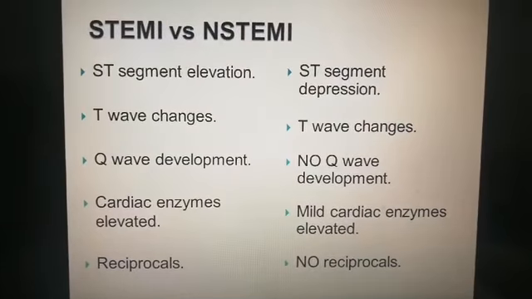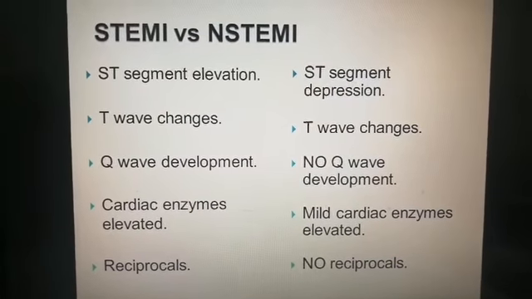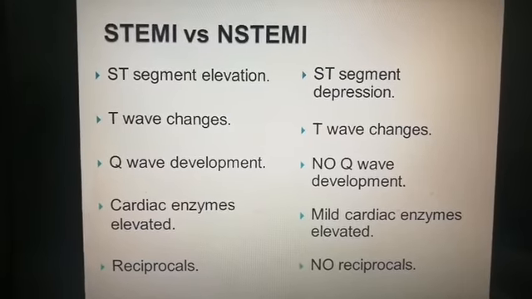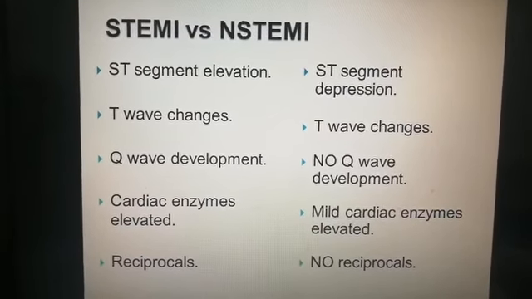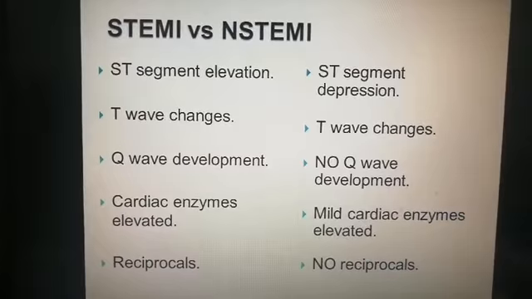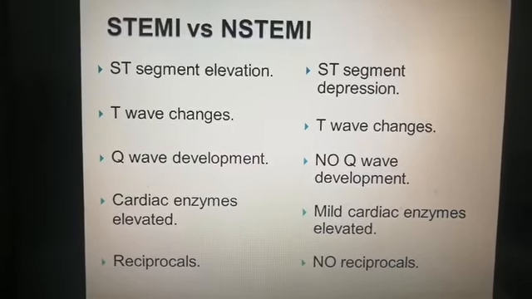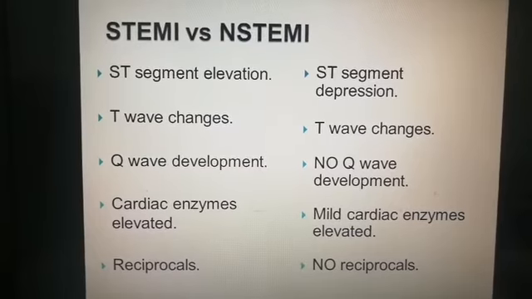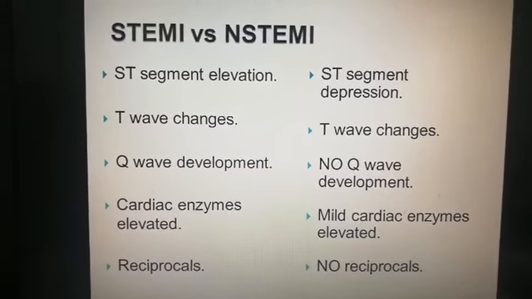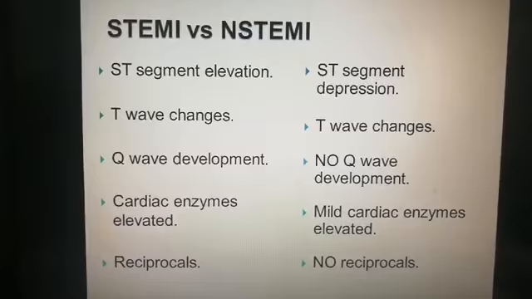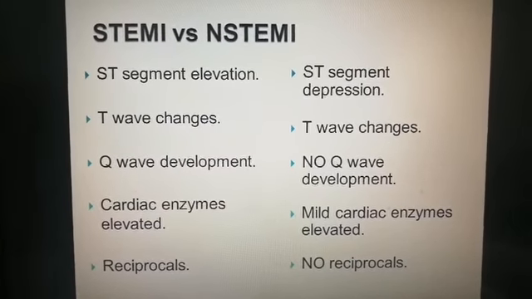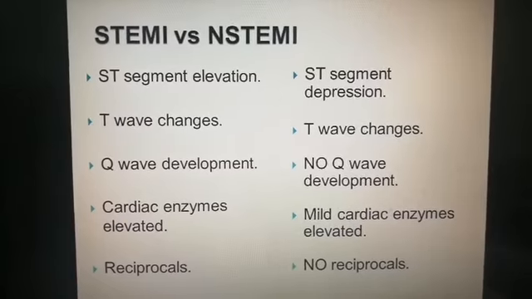And then STEMI and NSTEMI, ST elevation MI and non-ST elevation MI. ST segment is elevated in STEMI, and in non-STEMI, as the name indicates, ST segment depression is there. T-wave changes are also there, either inversion or tall T waves.